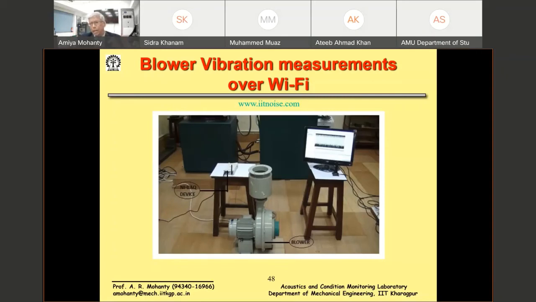It's like a black box of a locomotive. But why even locomotive? Even your car nowadays, if you go to the service station, they will bring in a data logger and download all the events which have occurred in your engine.